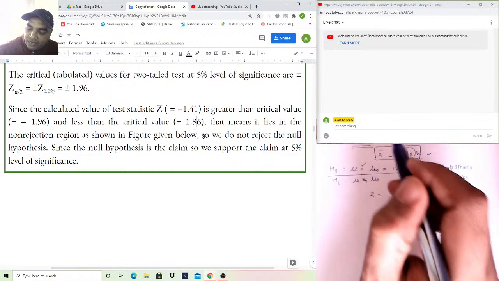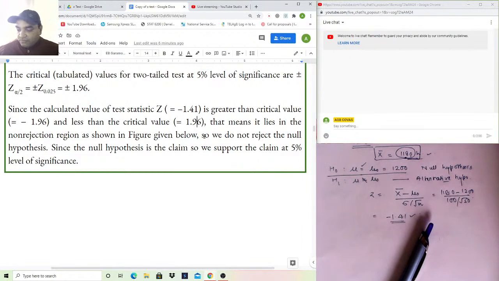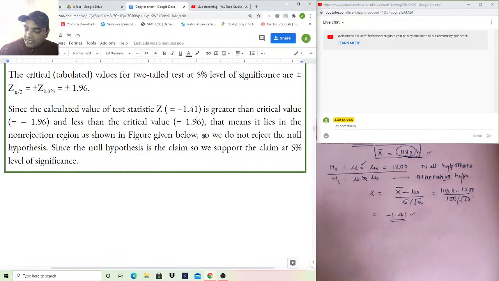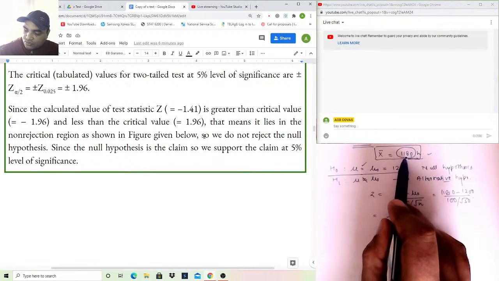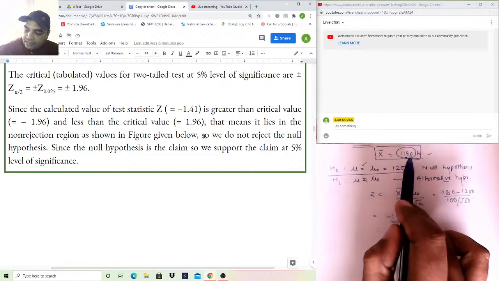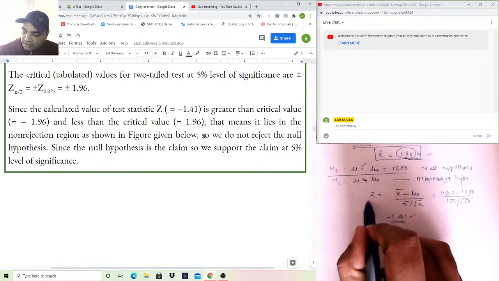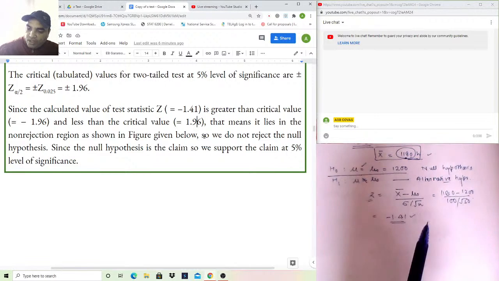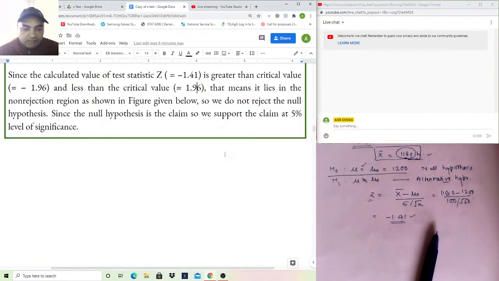So I will just show you with another point of view. Although your sample mean comes to be 1180, now we will find how, by conducting this z test, the claim of 1200 is okay at 5% level of significance.